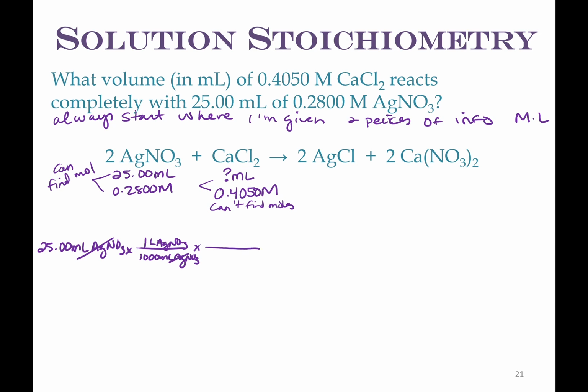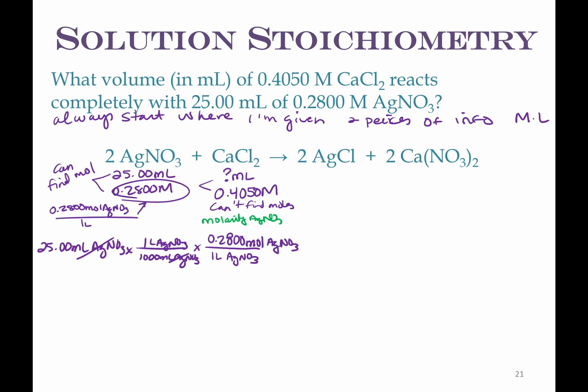For every 1 liter, so this is going to be our molarity step, I'm going to write the molarity of AgNO3 in dimensional analysis. So for every 1 liter of AgNO3, I have 0.2800 moles of AgNO3. You see what I did there? 0.2800 moles of AgNO3 for every 1 liter.